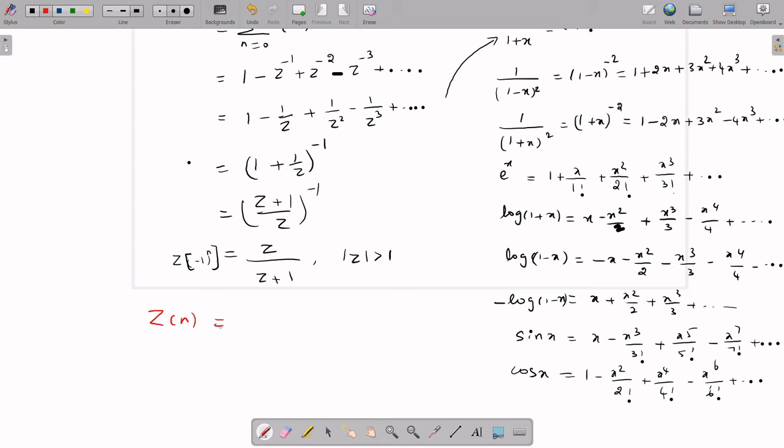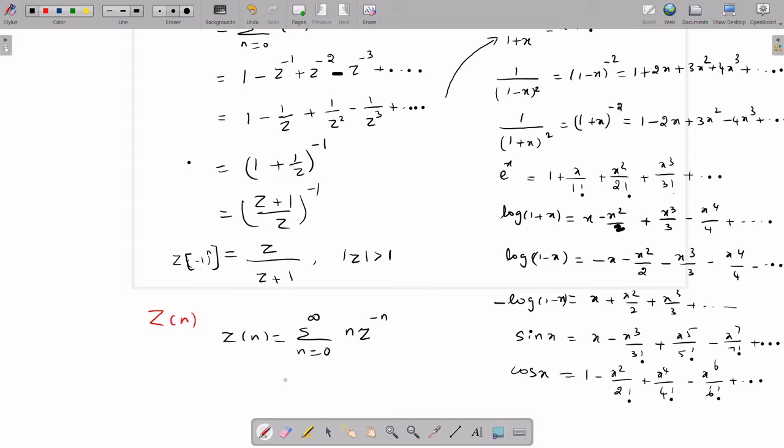We have to find z transform of n, which is equal to summation n equals 0 to infinity. In the place of n you have f of n, you have n alone, n into z power minus n.